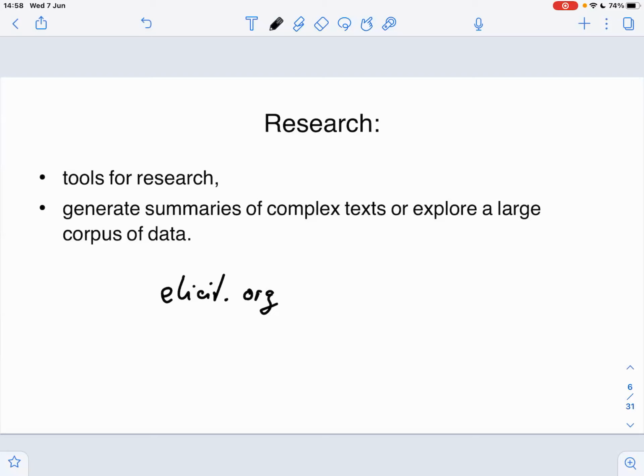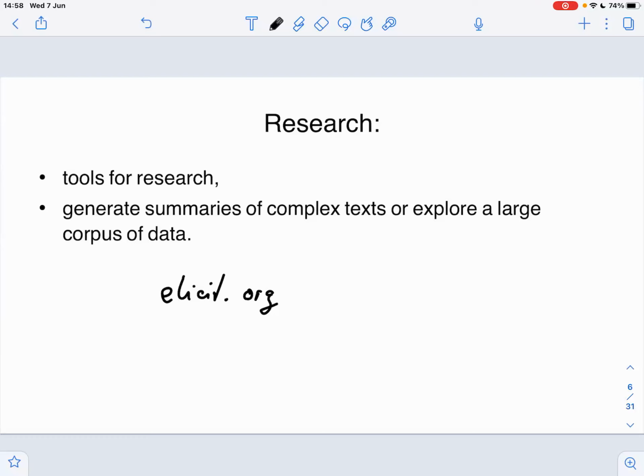And now I just made up this research question. But illicit.org will go through publications and will look at papers that have basically these tokens in it. And it will try to present you with 5 or 6 papers that actually try to address this particular research question. And it summarizes the papers as well.